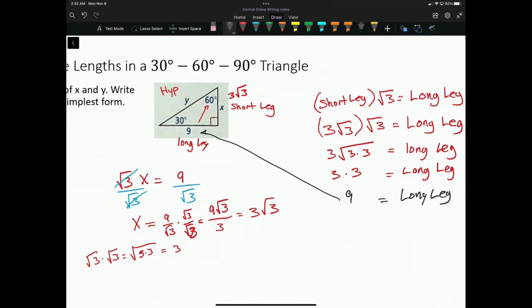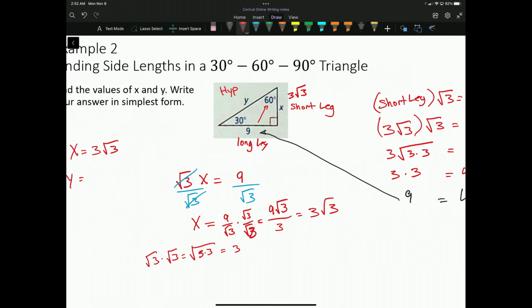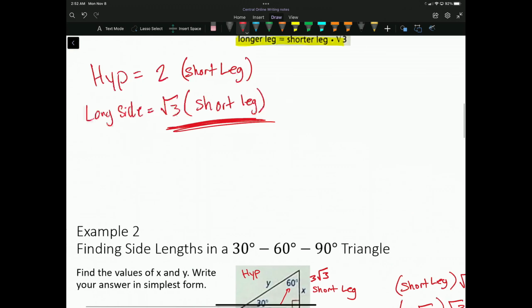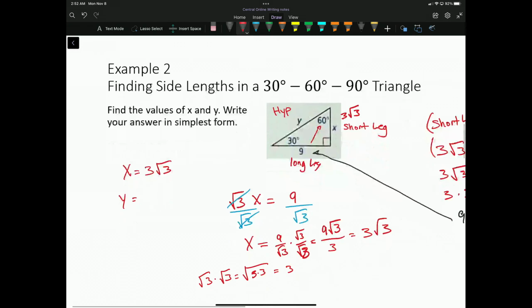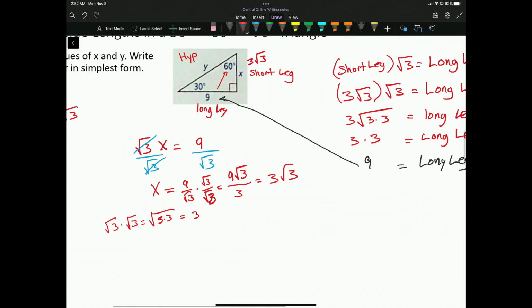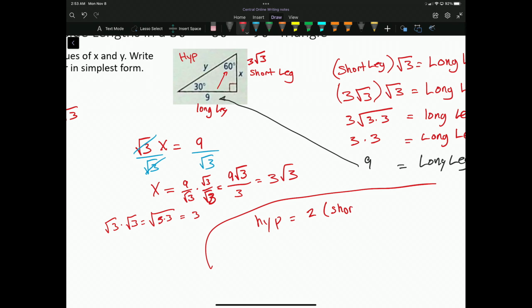Okay, so we found x, now we want to find y, right? And remember, if we go back to our formulas, y is our hypotenuse, so our hypotenuse is going to be 2 times my short leg. So let's write hypotenuse equals 2 times my short leg.